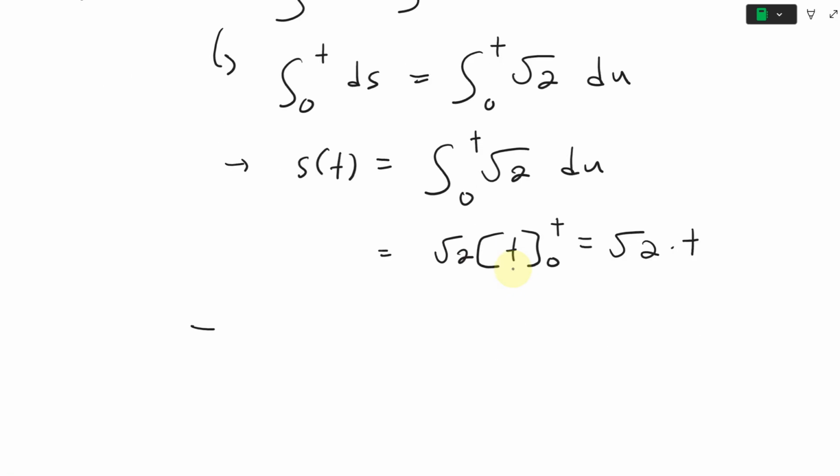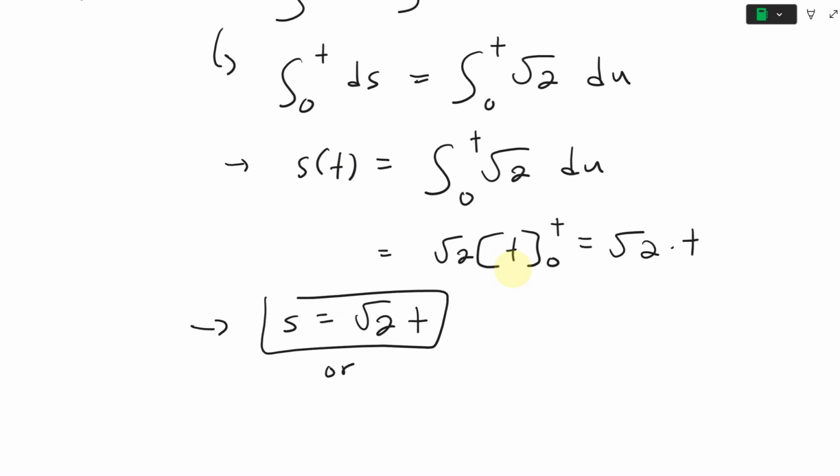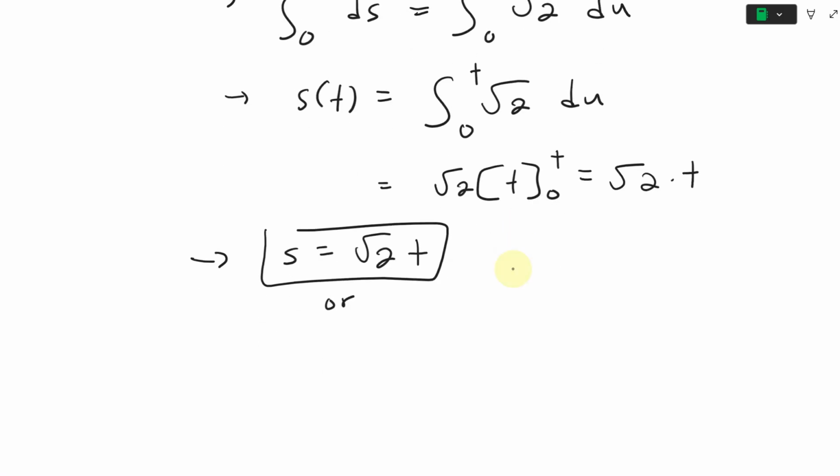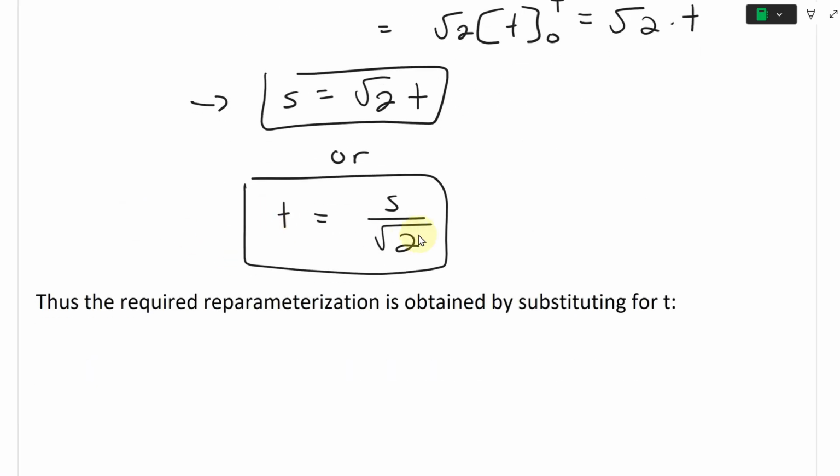So s equals square root 2 times t, or you could write this as t equals s over square root 2, because we're going to reparametrize like that. So we have t as a function of s, which is pretty fascinating: s over square root 2.